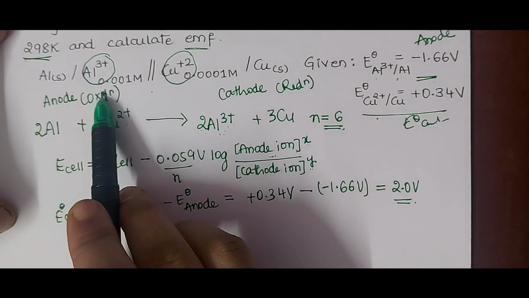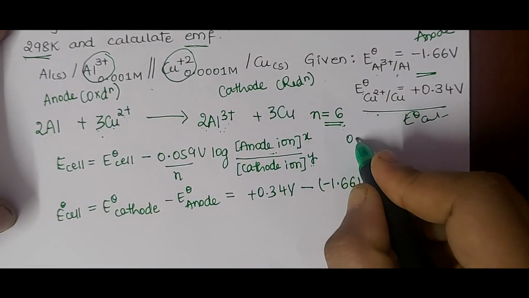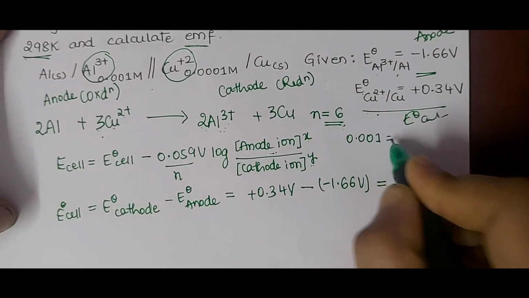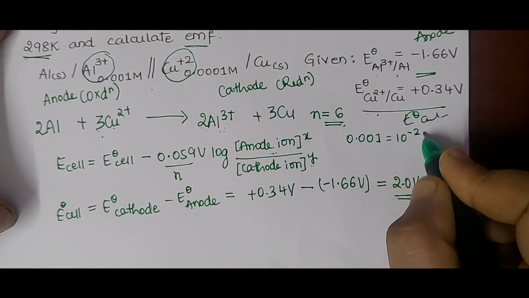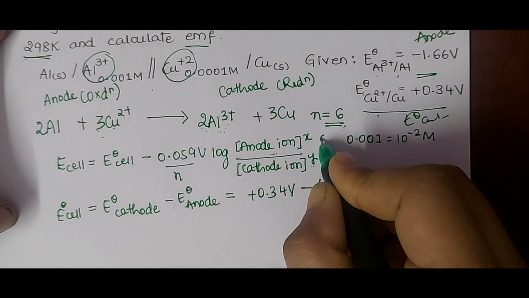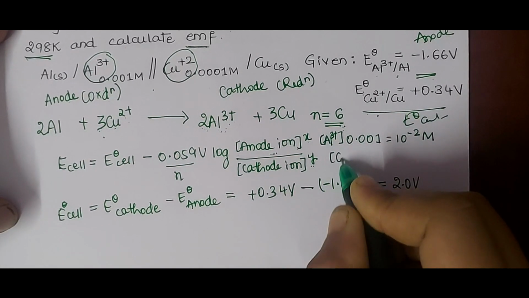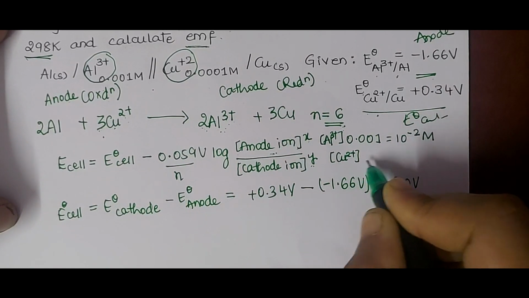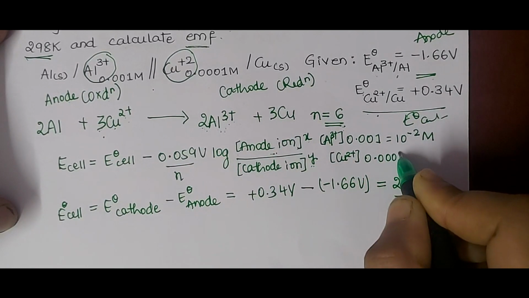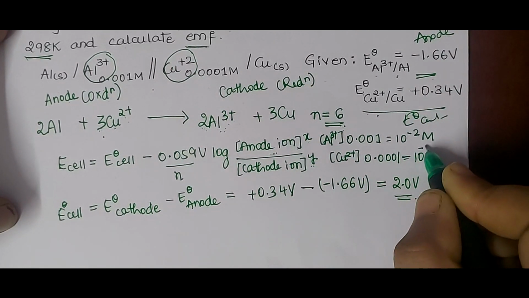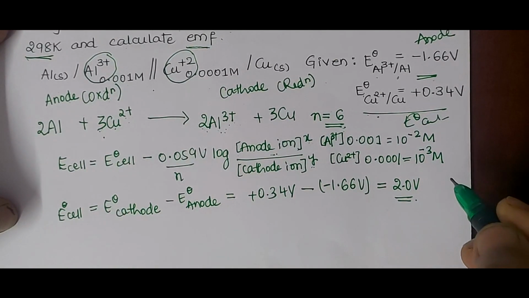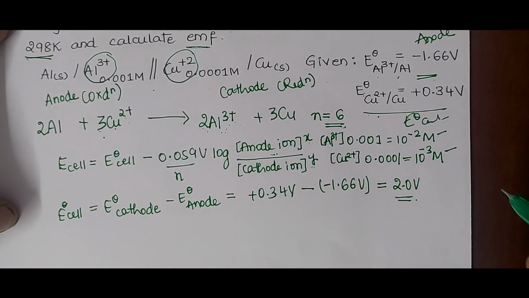So here it is 0.001, which I can write as 10 to the power minus 2 molar. This is nothing but the concentration of Al3+ ion, and the concentration of Cu2+ they have given as 0.0001, which I can write as 10 to the power minus 3 molar. So we can take these as the concentrations.